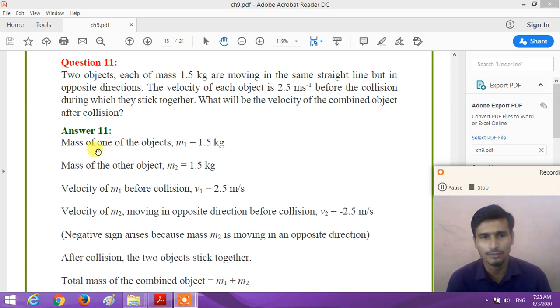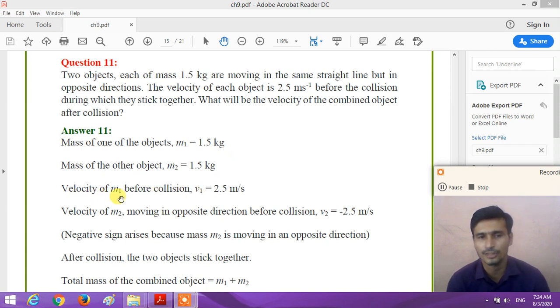First of all, the mass of both objects is given as 1.5 kg. So mass of the first object m1 is equal to 1.5 kg, and mass of the other object m2 is equal to 1.5 kg. The velocity of both objects is 2.5 meter per second, but they are moving in opposite directions. So one velocity we take as positive and the other as negative.